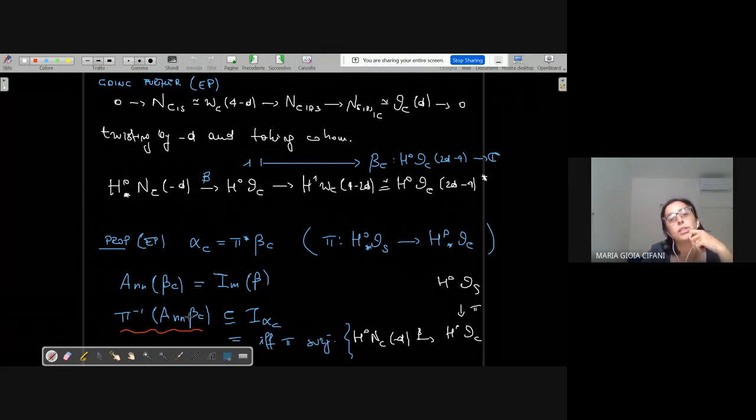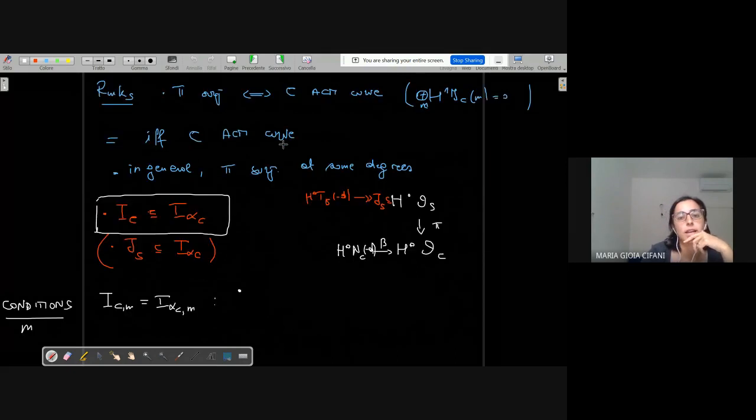Equality at this level means that pi is surjective. Pi surjective in degree m means, checking the dual, that each one of the ideals in the dual degree with respect to 2d minus 4 is 0. So pi in this degree is surjective.